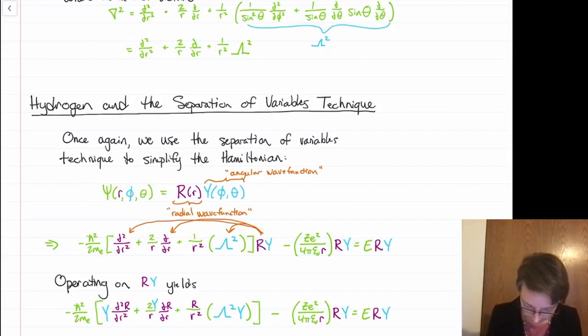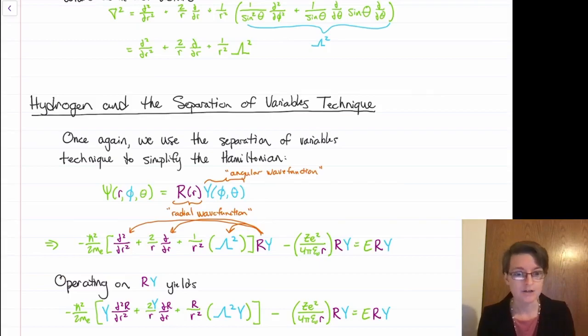So my term closest to R with my Legendre operator, R can be taken outside of this term, so it can show up right here, because I know that my Legendre operator is independent of the radial coordinate and only depends on my angular coordinate. And so I'm allowed to take R outside or to the left of this term. I need to leave the Y to the right of this term because it's understood that I will then have to operate this Legendre operator onto whatever my Y function is.